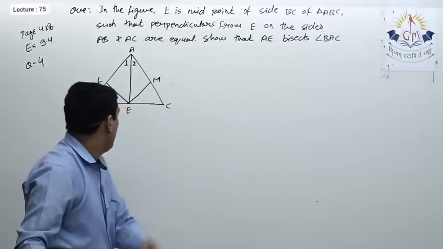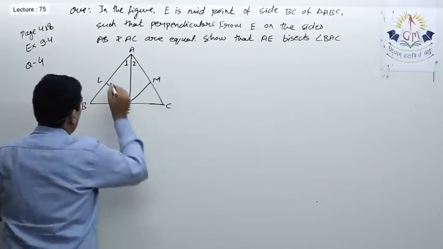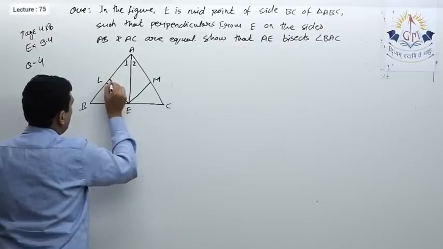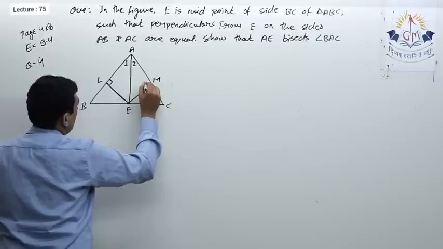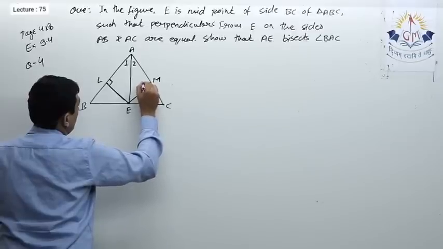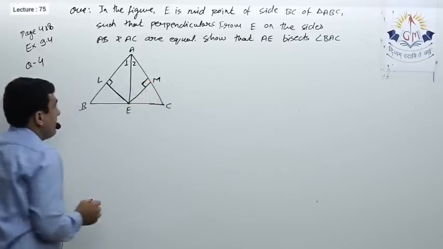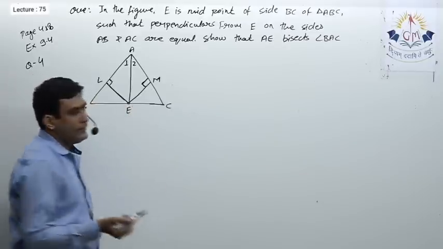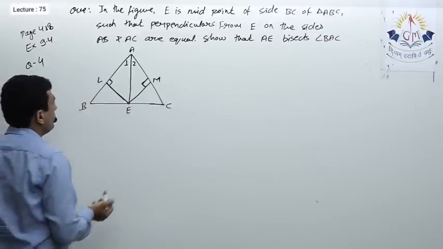E is the midpoint. This is 90 degrees. Even though it is not given that E is the midpoint, it is easy to prove.